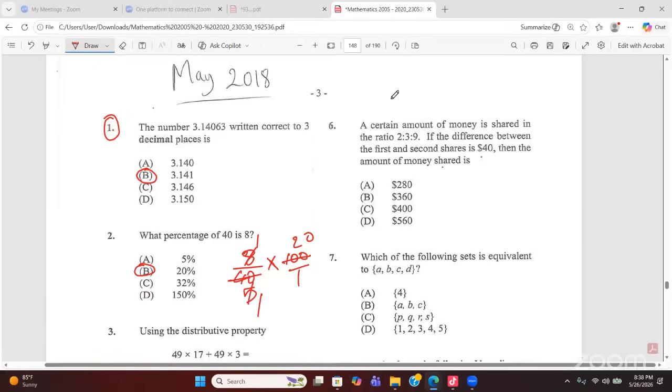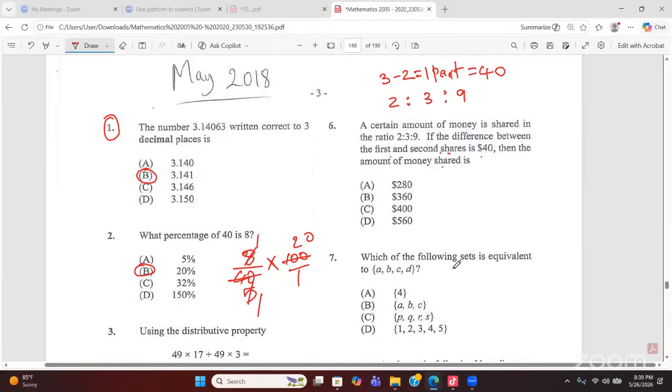What we have to look at is there is a 2, a 3, and a 9. The question says the difference between the first and second share. The difference between 2 and 3 is 1 part. So they're telling us that 1 part is 40.